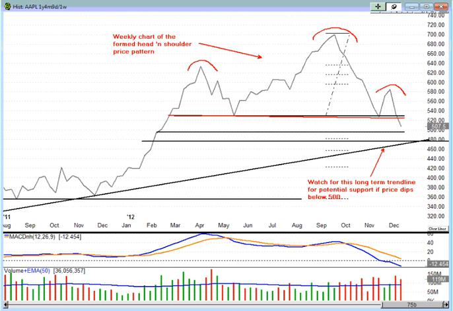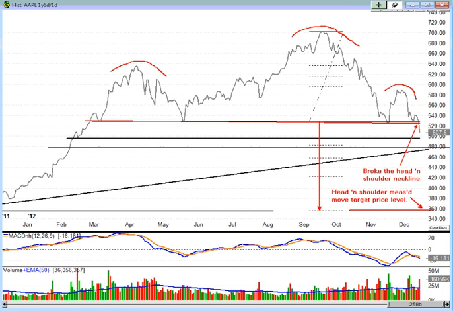So let's take a look here. This is a daily closing price line chart. You can see this head and shoulder pattern much more clearly, and you see the break yesterday. It essentially broke the neckline of this head and shoulder pattern.